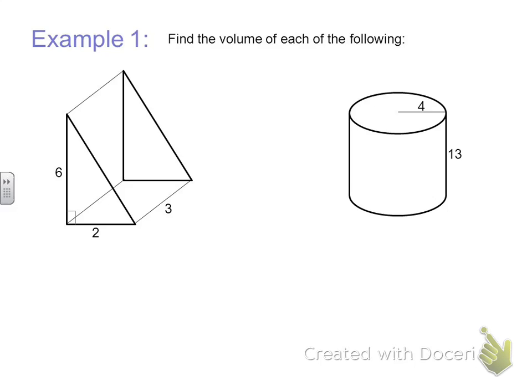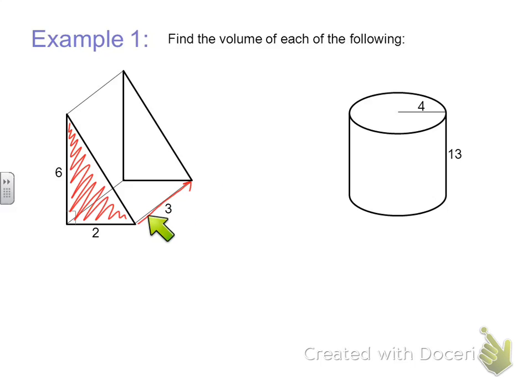So what we're going to do is find the area of one of these bases, and then all we're going to do is multiply by that distance between the two bases. Notice that this is one of the situations where the height of the prism is actually laying on its side.